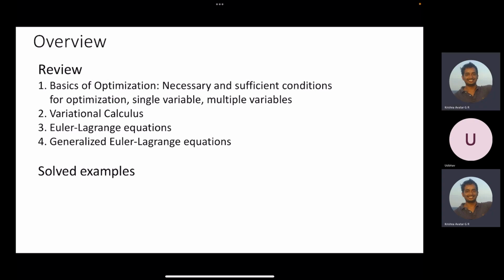And then I would follow it up with several solved examples for every class of problems that we have in all these areas that I would be reviewing.